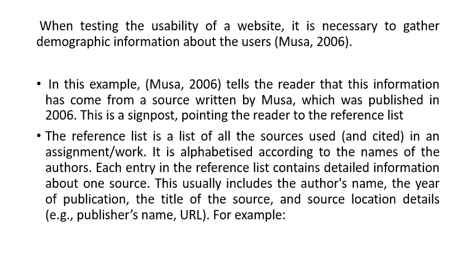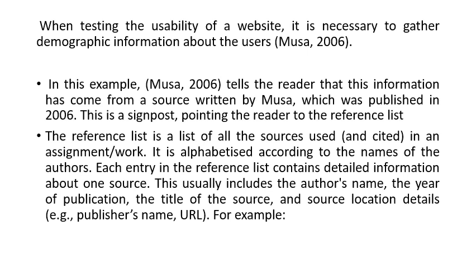So this Musa 2006 is a signpost, a pointer to the reader to go to the reference list to get the details of Musa 2006, and such details in the reference list will have the title of the book or journal or form or article or film or whatever it is that Musa has written about websites and all that. So the reference list is a list of all the sources used and cited. So Musa 2006 above is an example of citation.